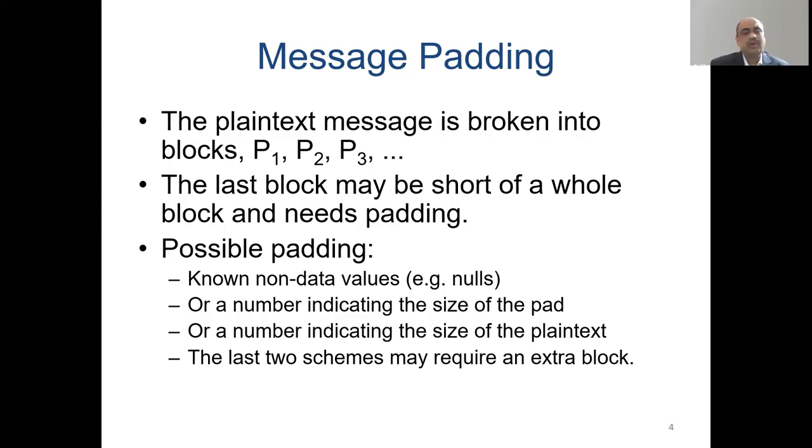But the problem is, if we are using padding bits and storing the length of the padding bits and the length of the plain text, sometimes you may need an extra block to store that information. Now we'll see in detail the different modes of operation.